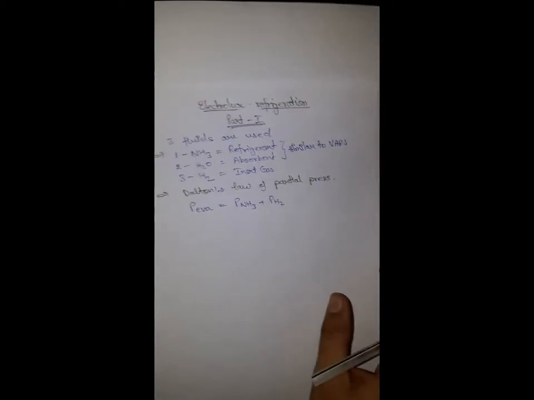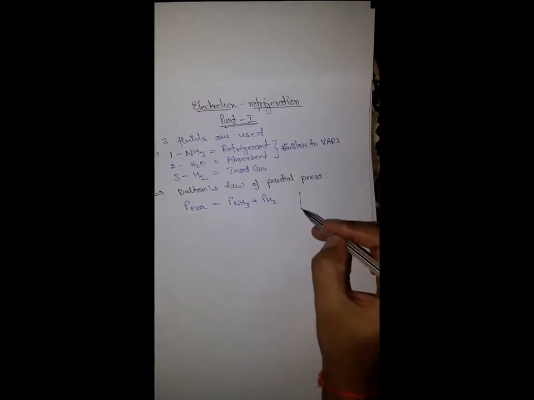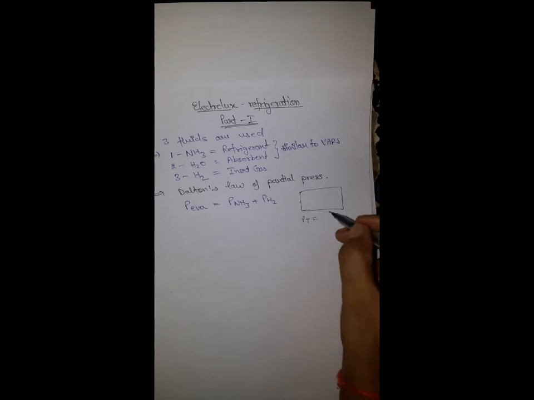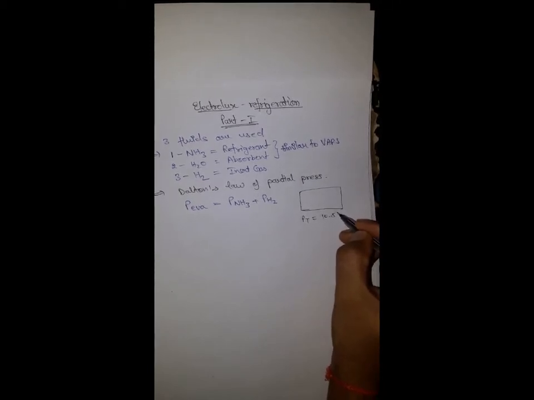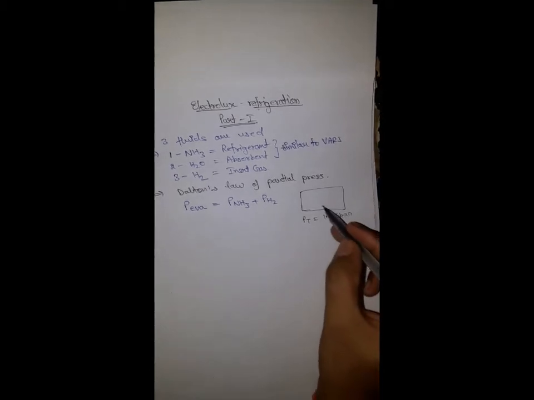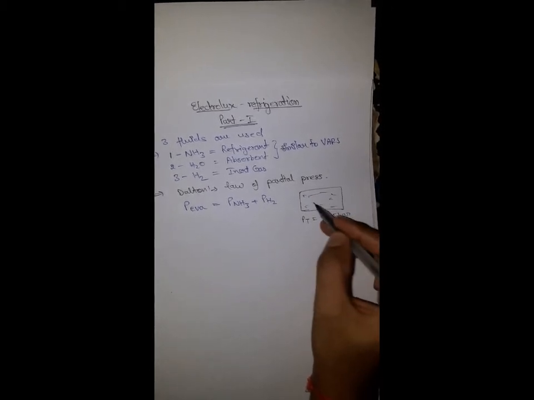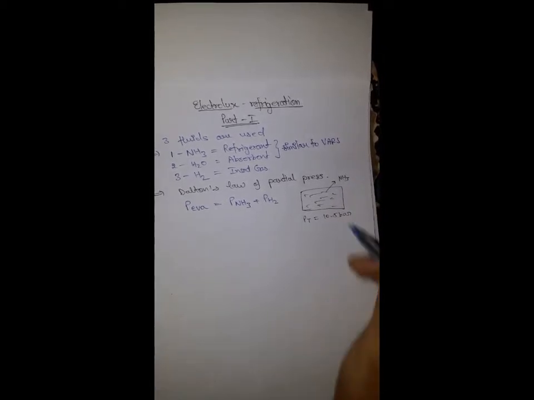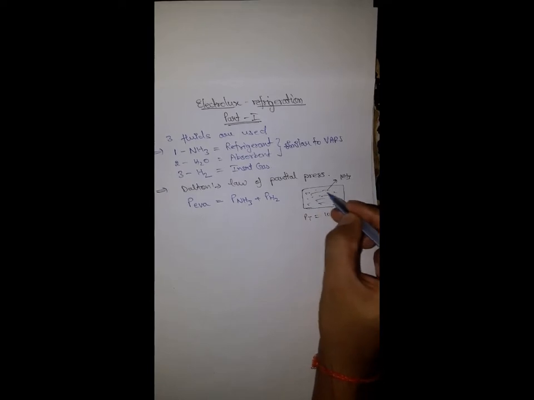If this is the evaporator vessel, let us say the total pressure is around 10.5 bar.